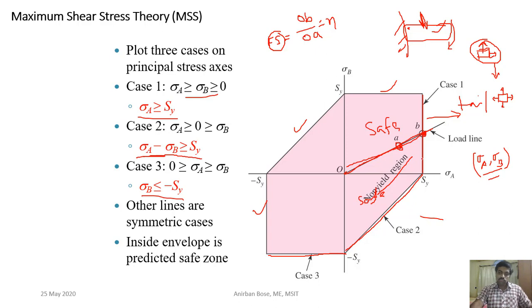Or you can find it simply by considering sigma, depending upon which situation it is: this one, this one or this one.